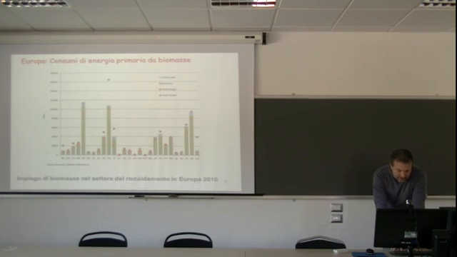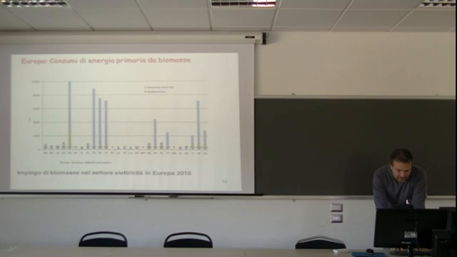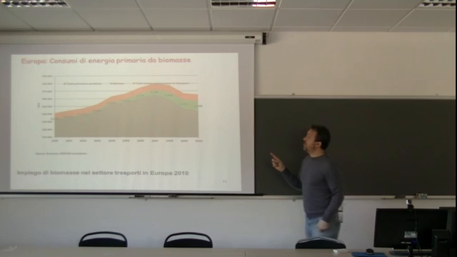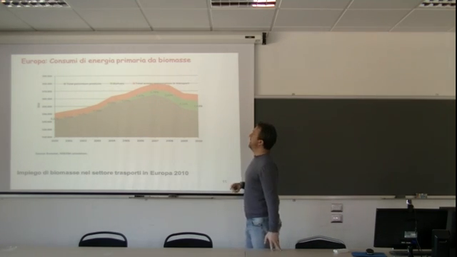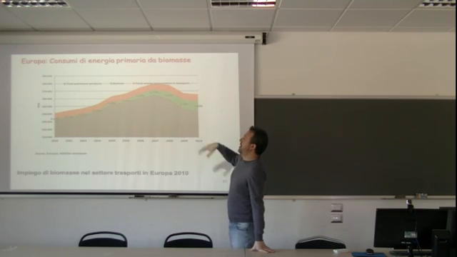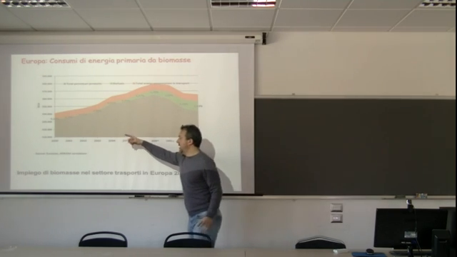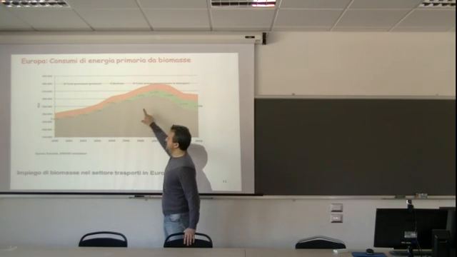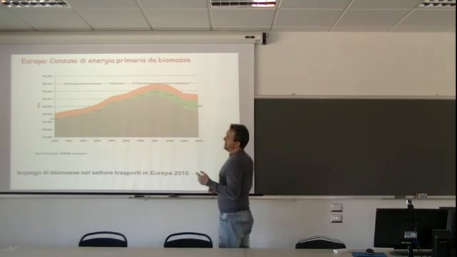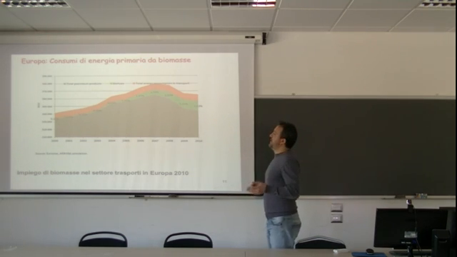Okay, let me jump to some interesting graphics. This graphic for Europe shows an important event. You can see that the trend of fossil fuels, also biofuels, and total energy has increased, of course, in the last years.